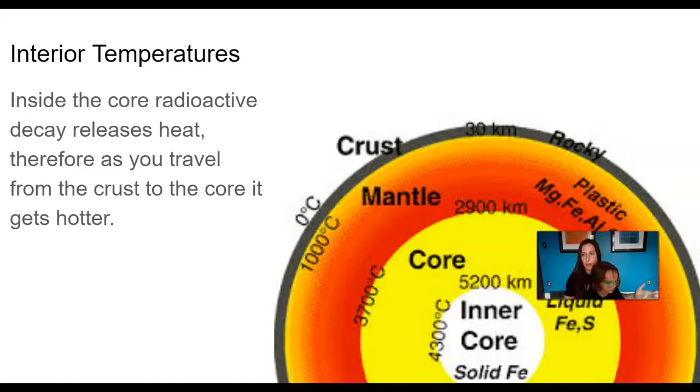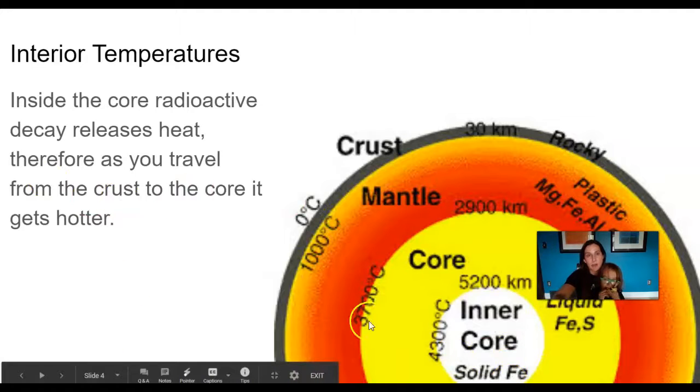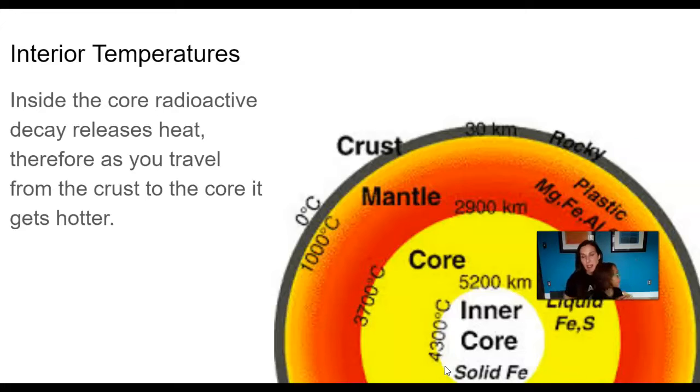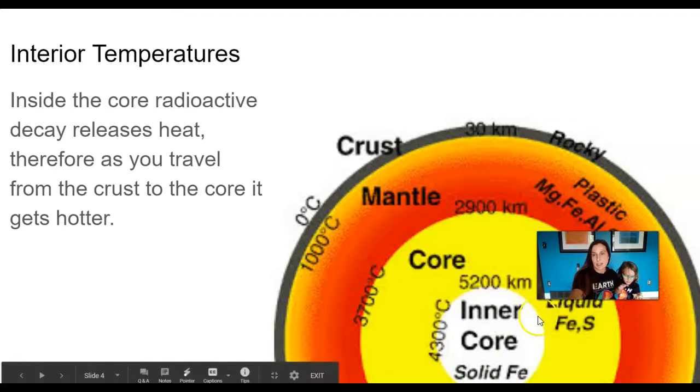All right. What we've also found out about the inside of the Earth is that it's very, very hot. That core releases a lot of heat because of radioactive decay, radioactive materials left over from the creation of the Earth when it formed 4.6 billion years ago. You can see here it says the inner core is really hot at about 4,300 degrees Celsius.